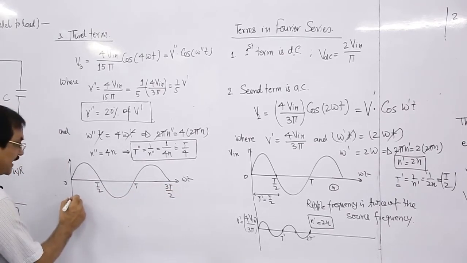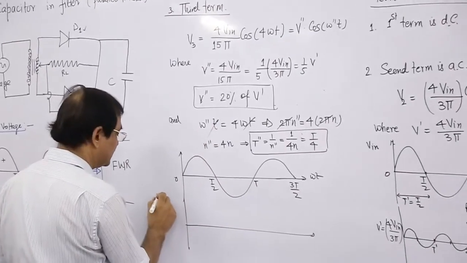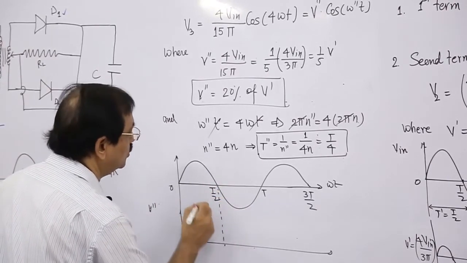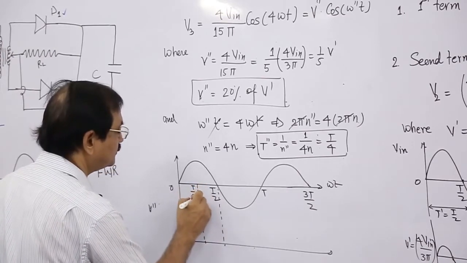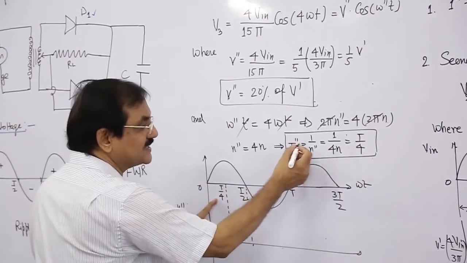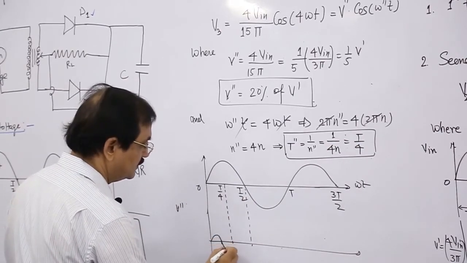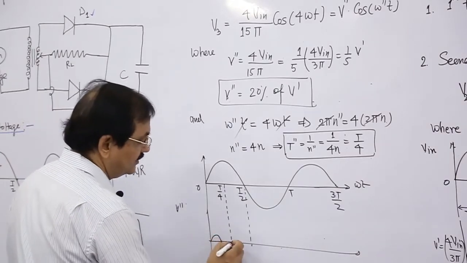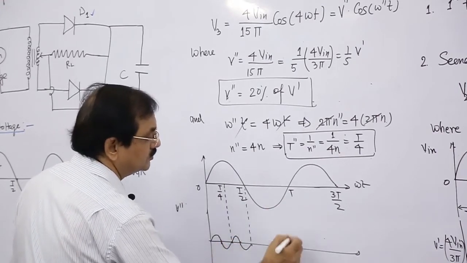Now, for the second harmonic, that is V double dash, this is t by 2 and this point is t by 4, this is t by 4. So, what do we find? T double dash is equal to t by 4. T by 4 means this value. So, again the next ripple is something like this.